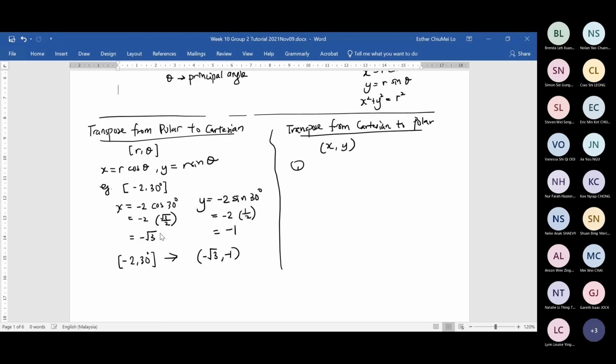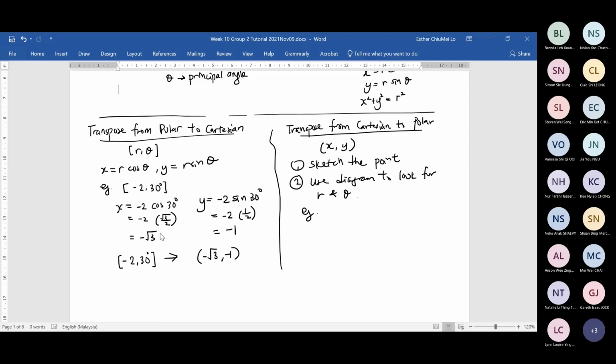Firstly, what we need to do is sketch the point, because we want to know where the point is located. Is it in the first, second, third, or fourth quadrant? And then after that, we use the diagram to look for r and theta.